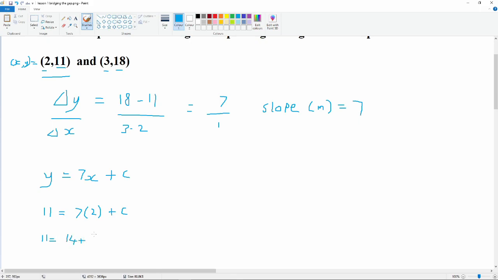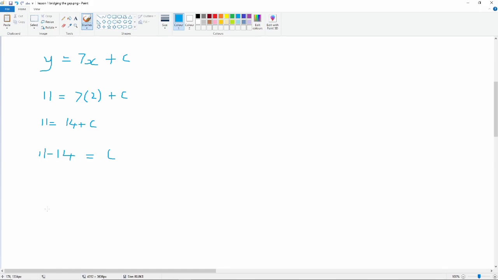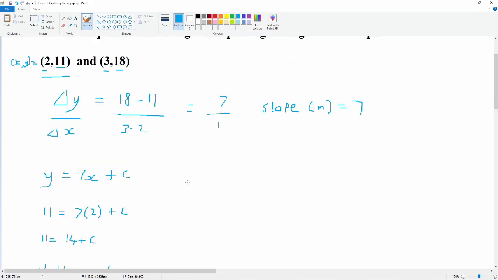Well, 14 is bigger than 11, so we know c is going to be negative. 11 minus 14 equals c. So negative 3 is equal to c. So y is equal to 7x minus 3. And that's our answer.